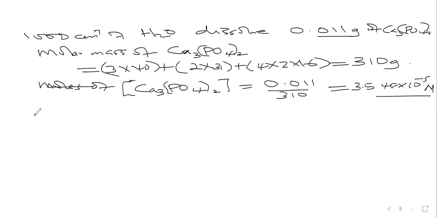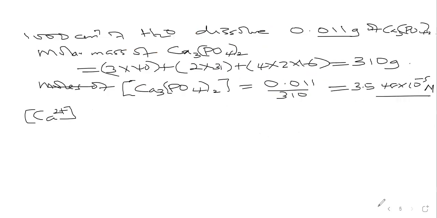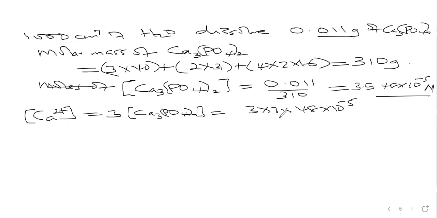So we shall say concentration of calcium ion, according to the equation we have here, it will be 3 of that value, not so? Thrice that value, right? Yes, teacher. This will be 3 into concentration of calcium phosphate, which will be 3 times 3.548 exponent negative 5.